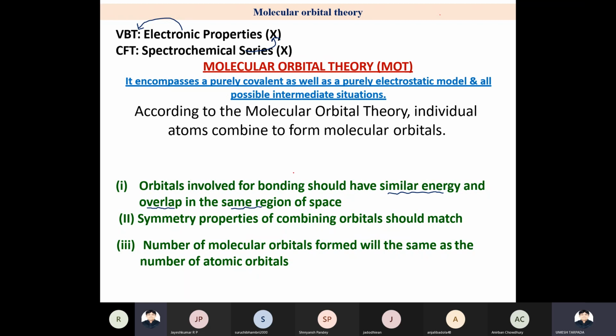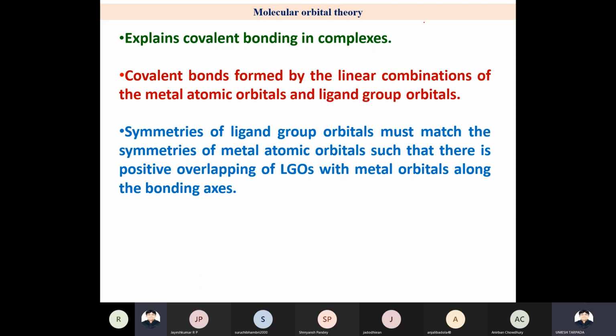The number of molecular orbitals having the same symmetry as the ligand group orbitals, they can form this molecular orbital. Metal orbital having the same symmetry with ligand orbital. A covalent bond is formed by linear combination of metal atomic orbital and ligand group orbital.